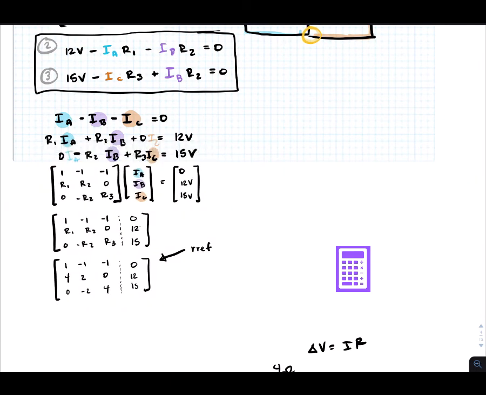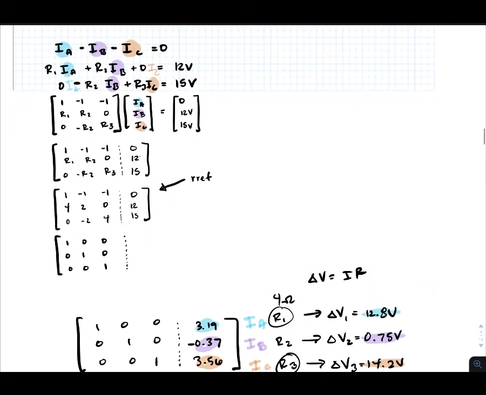Okay. So when you actually solve this and you get your reduced row echelon form, you'll end up with something like 1, 0, 0, 0, 1, 0, 0, 0, 1. That's your diagonalized matrix. And then your answers will end up over here. So that's going to be 3.19, negative 0.37, and 3.56.